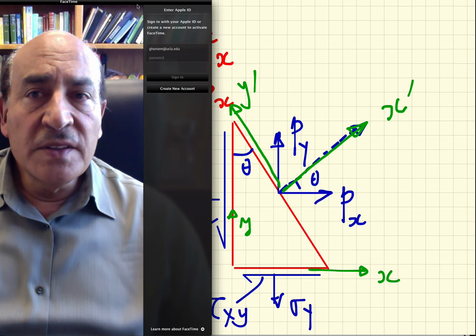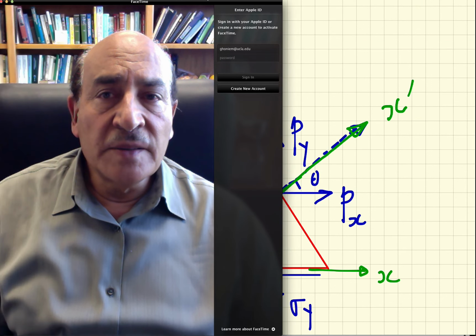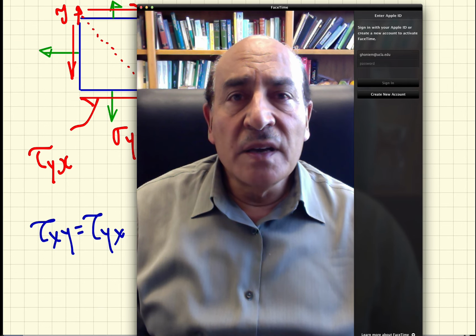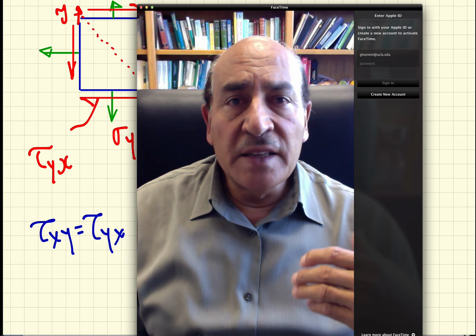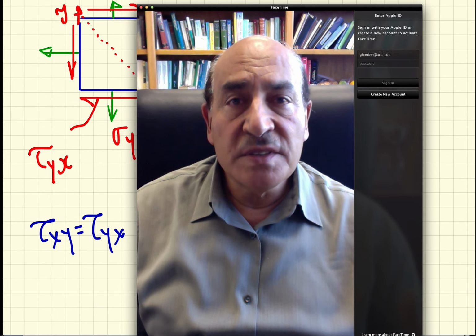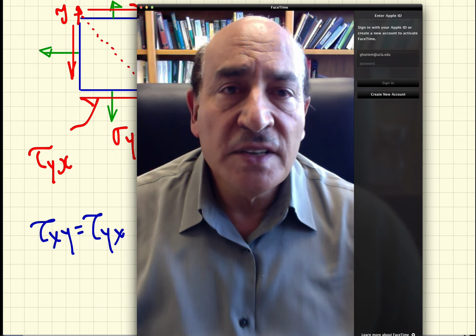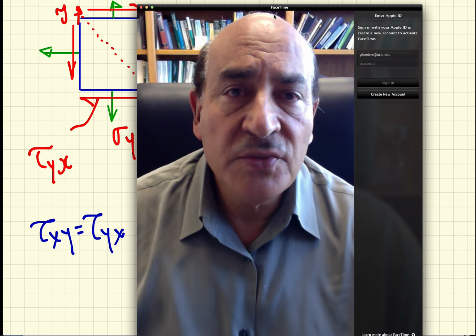The only thing that I need to be worried about is that I would like to make sure that I deal with forces and not with the stresses. So the force is the stress times the area. So let's be careful and define the areas as we move on here.